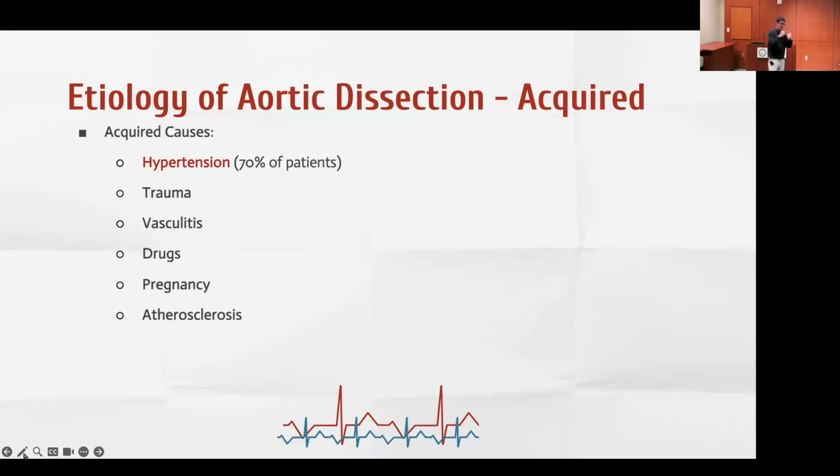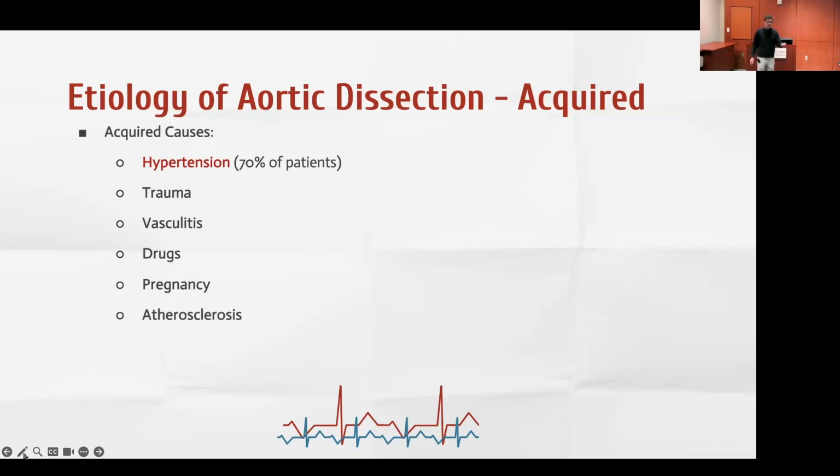So if a patient is in a motor vehicle accident, for example, that portion of the aorta can rip and cause dissection. Another case of trauma could be when a surgeon is doing valvular repair surgery and by mistake causes dissection.